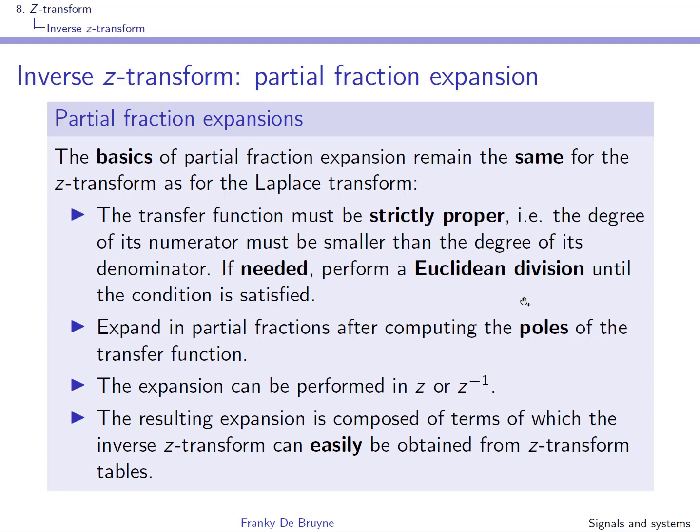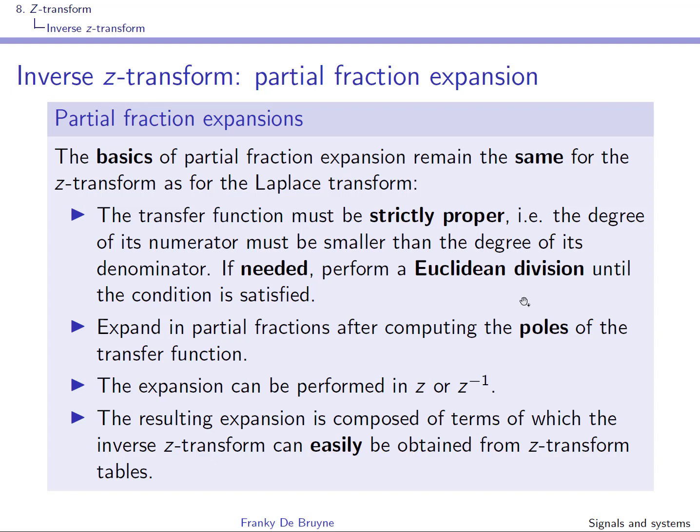We have seen that one inverse z transform method is the long division, but what is used by far the most is of course partial fraction expansion followed by inverse z transform of these partial fractions.